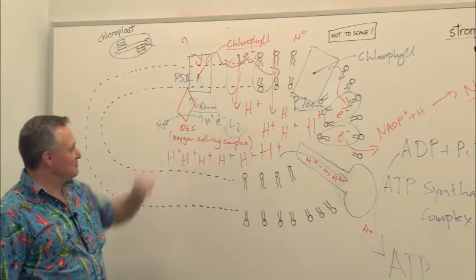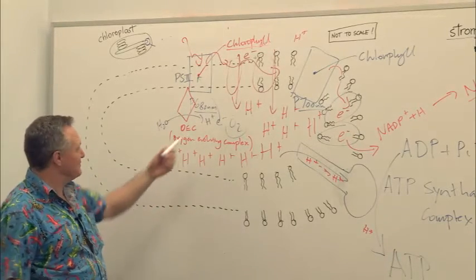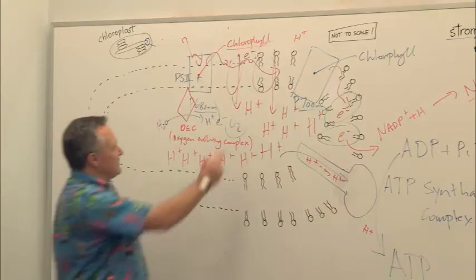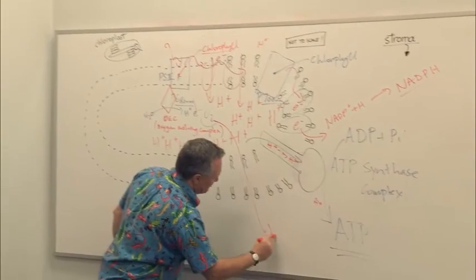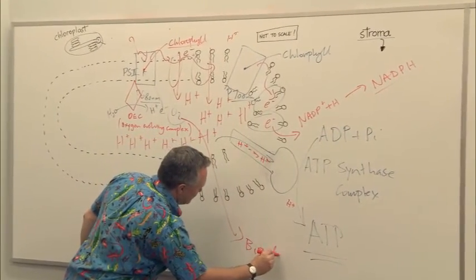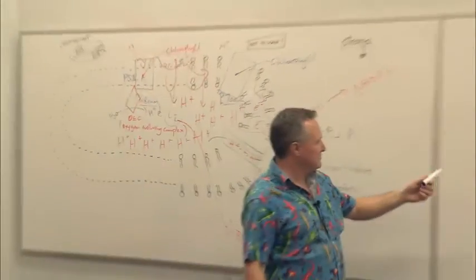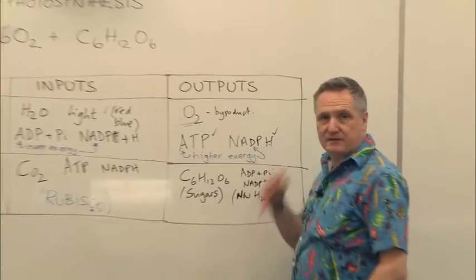We can do it, but it costs more energy than it actually gets out, in terms of inputs and outputs. So the oxygen, as I said, is important. It goes out as a byproduct of the reaction. And the hydrogens and electrons are used to drive the process. So there you go, oxygen as an output as well of the light-dependent reactions.